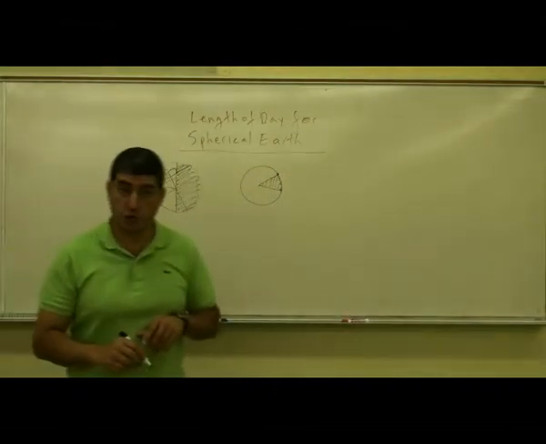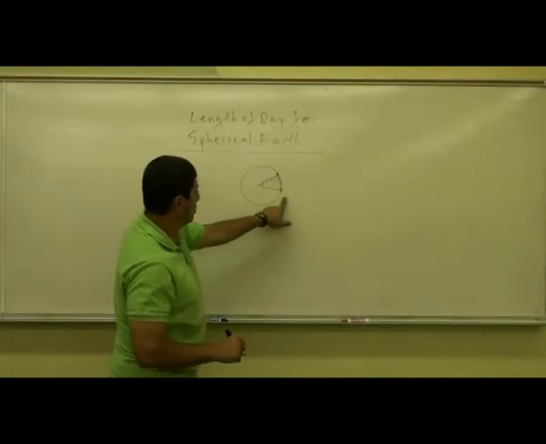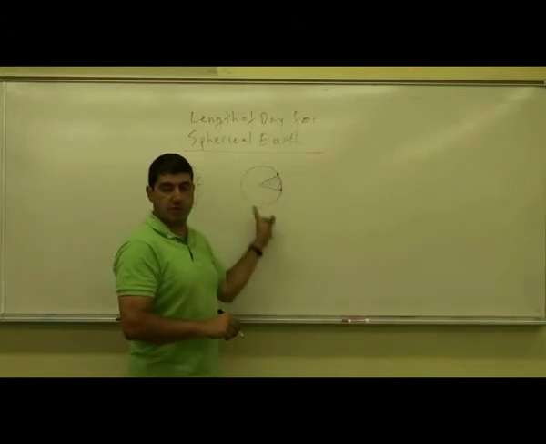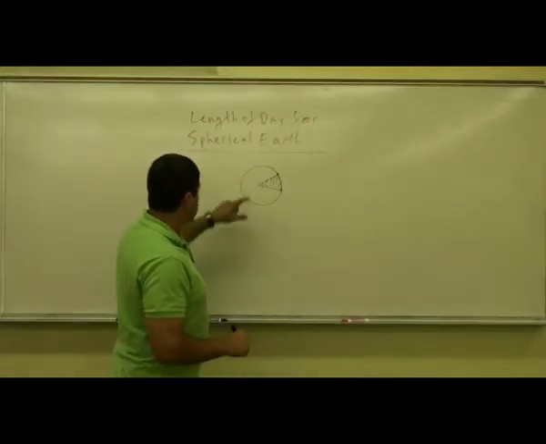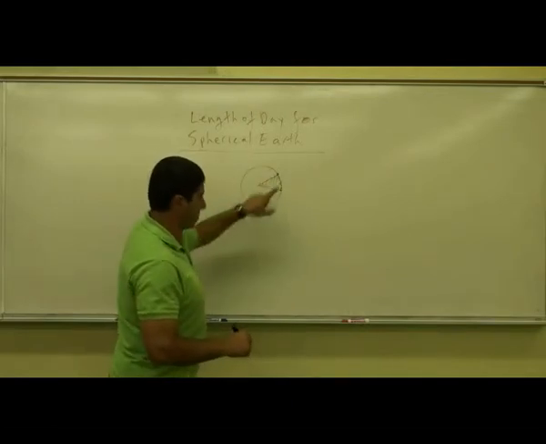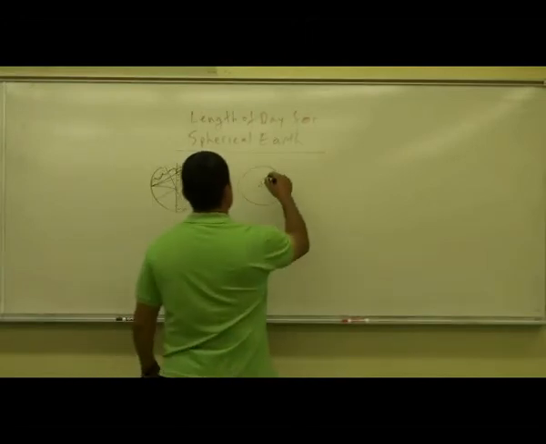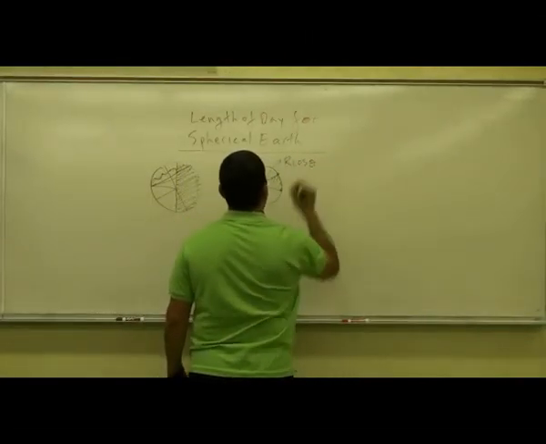So what we need to do is come up with a way of calculating what this length is that you're in sunlight, and divide it by the total length, the total radius of that circle. So let's do it this way. The radius of this circle is going to be r cosine theta. Now, how do we know that?